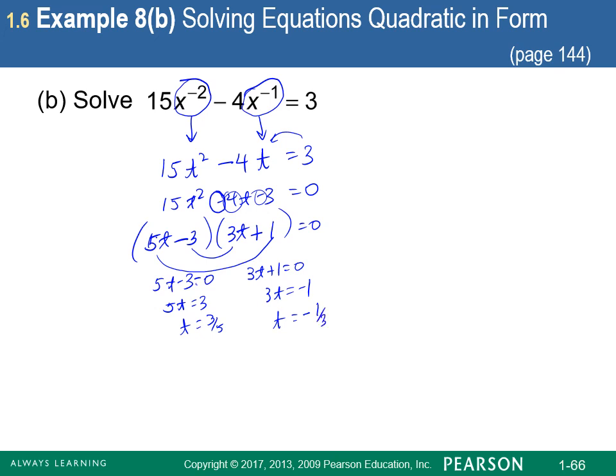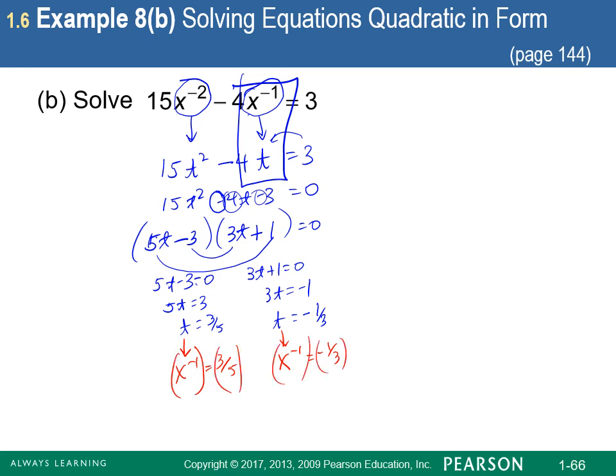Now remember, we're not finished. We need to come back to what we did in the beginning and rewind that. So we'll replace the t with x to the negative 1, and finish solving. Now to finish solving, we can raise both sides to the negative 1 power, because negative 1 times negative 1 is positive 1.